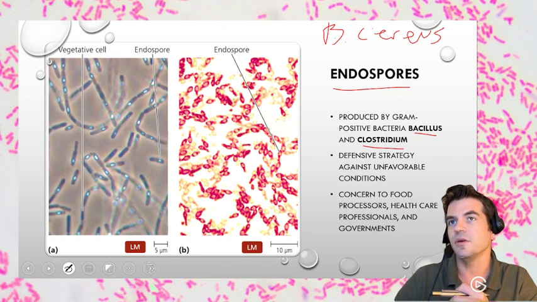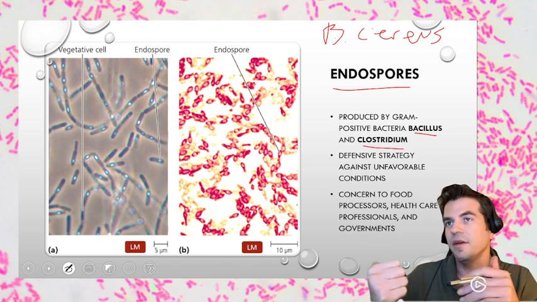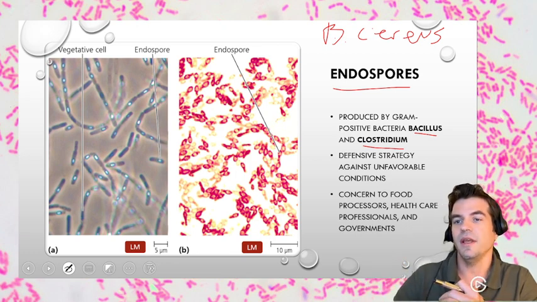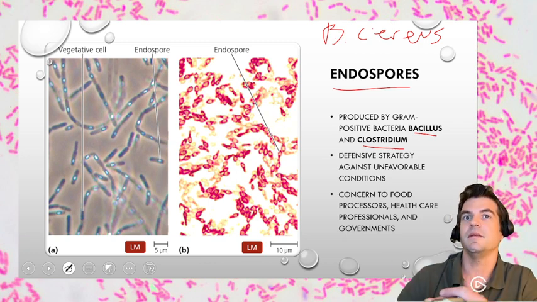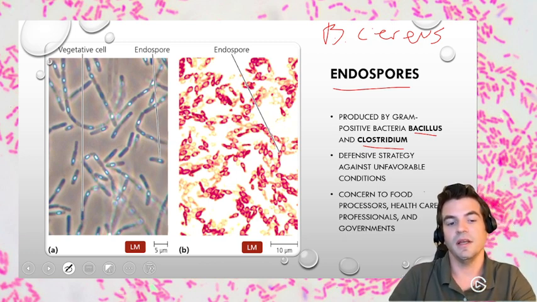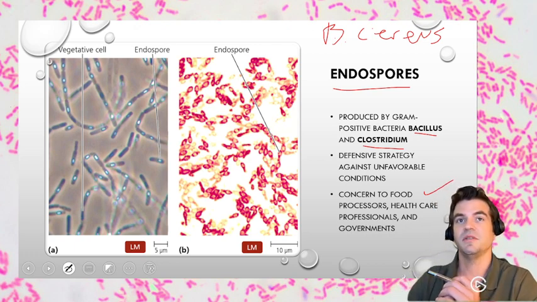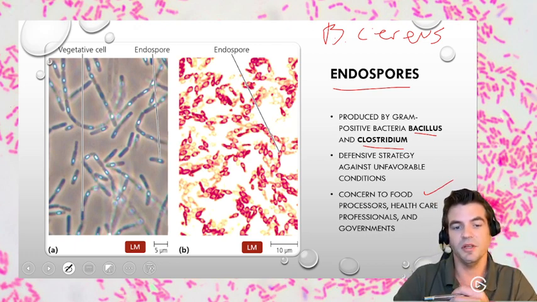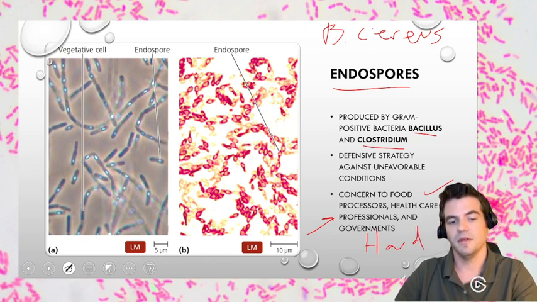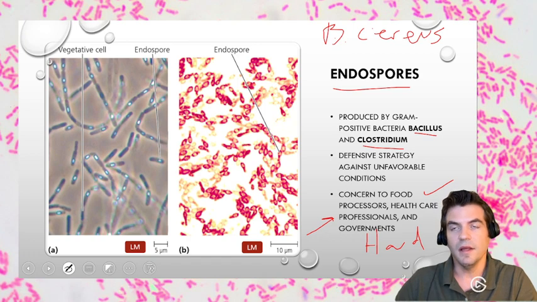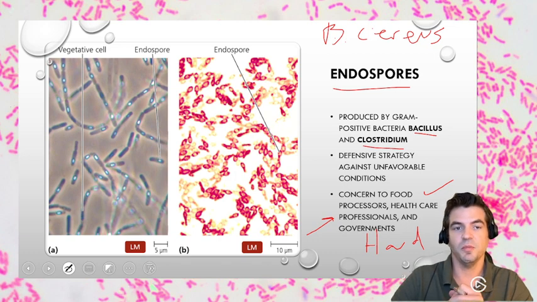When the conditions are going to kill them, they don't have any water, they don't have any sugar, or there's a toxin or an antibiotic, they will go under sporulation and make a spore. Okay, these are a concern to healthcare professionals, governments, food processors. These are the number one concern because they are so hard to get rid of. Okay, they are hard to get rid of, and they are survival structures. They are not reproductive structures. Okay, the term spores kind of means that sometimes, but these are survival structures.